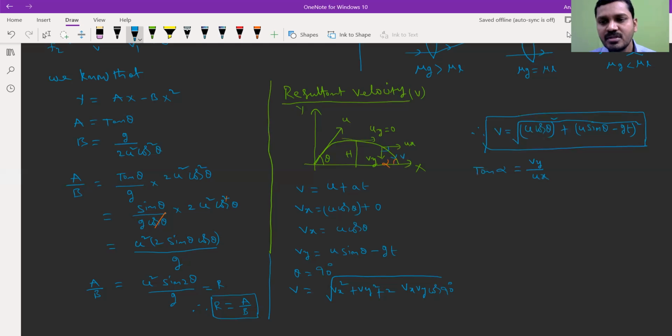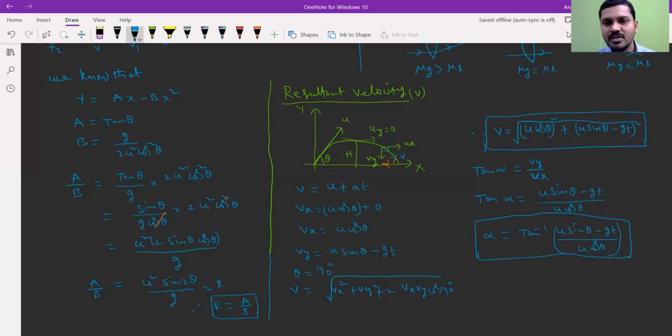Substituting vx and vy, tan alpha = (u sin theta - gt)/(u cos theta). Then alpha = tan inverse of (u sin theta - gt)/(u cos theta). By using this equation, we can calculate the alpha value.